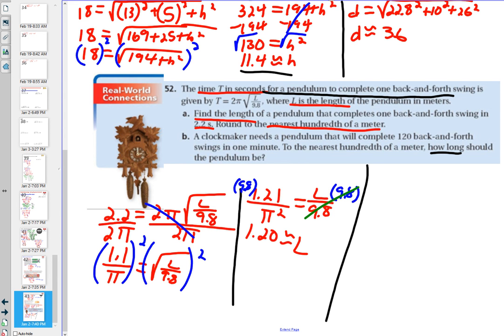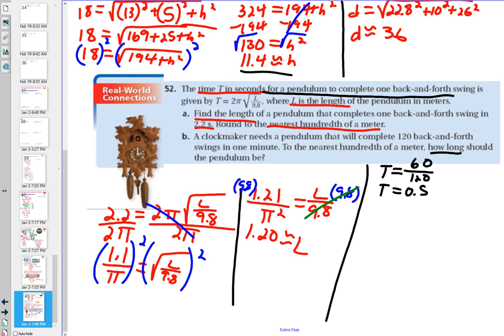So we need a time. We need seconds per swing. In order for this to be a time, I need to have seconds on top. How many seconds are there in 1 minute? 60. How many seconds does it take for one swing? 0.5.